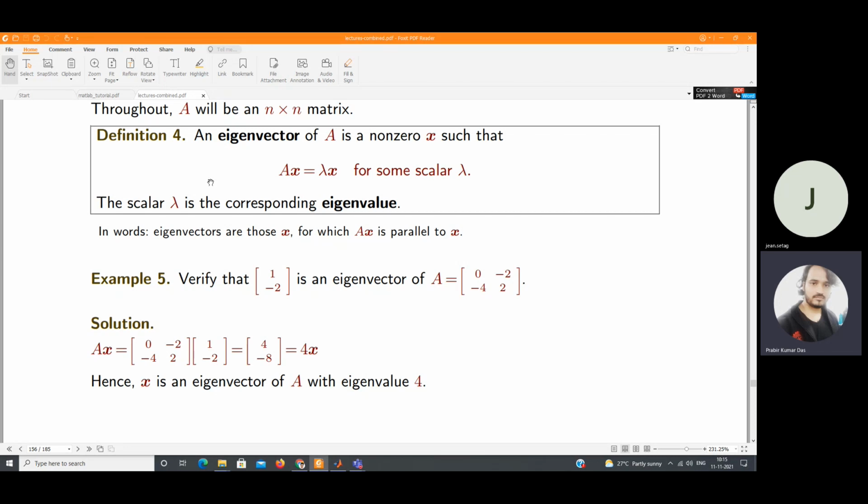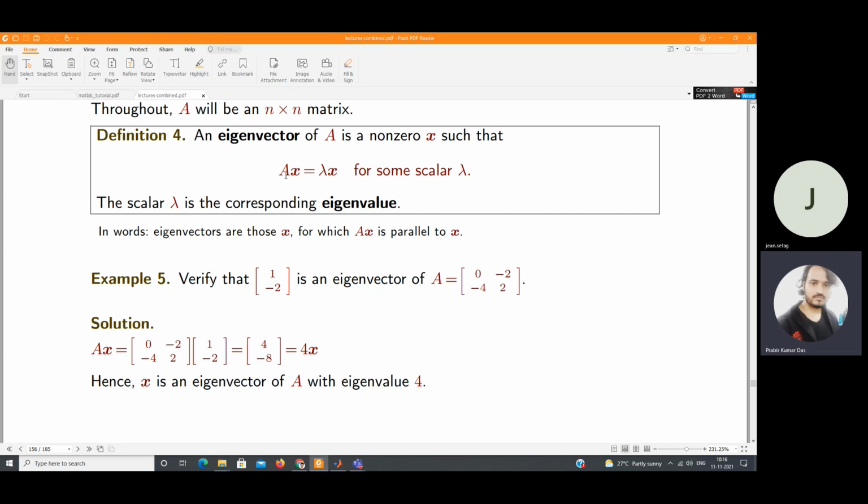So this is the definition. Suppose A is an n by n matrix. An eigenvector of A is a non-zero x such that Ax = lambda x, where lambda is some scalar value.